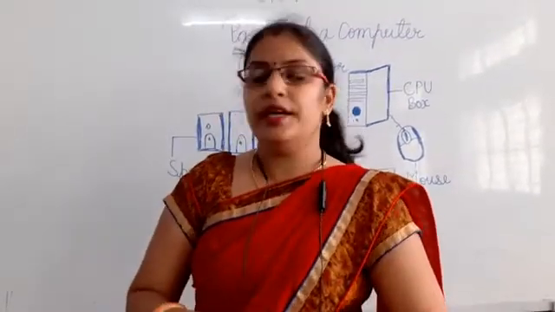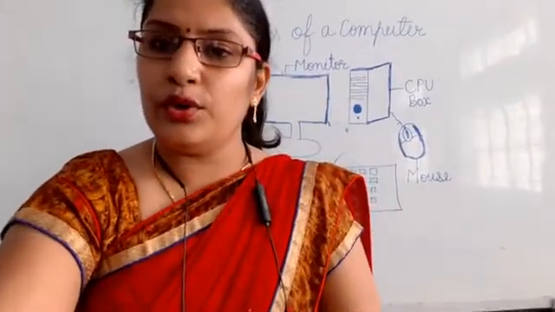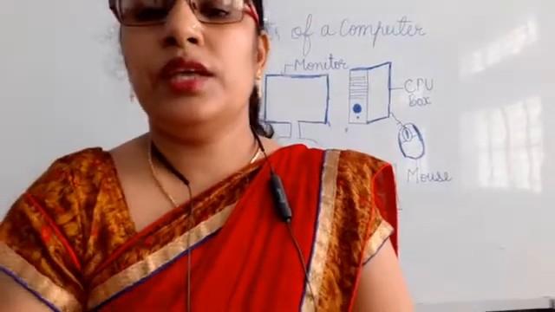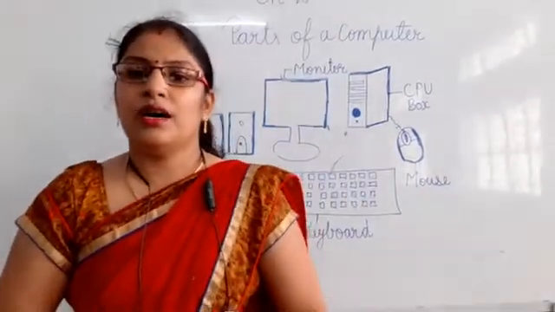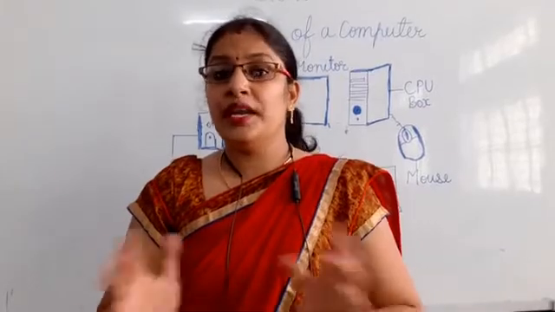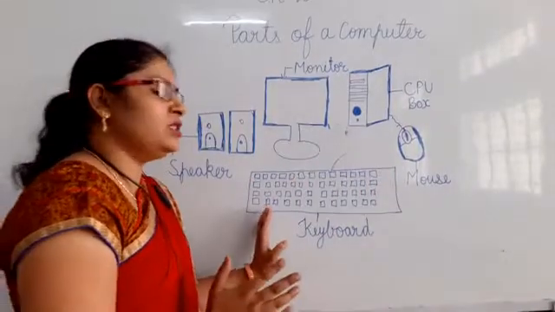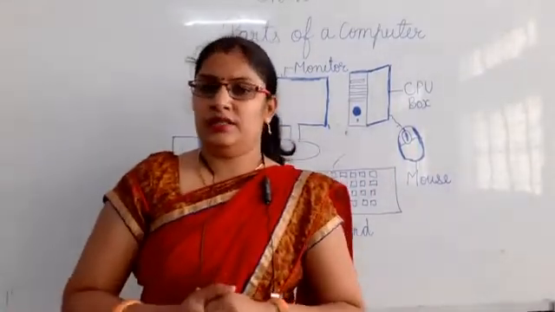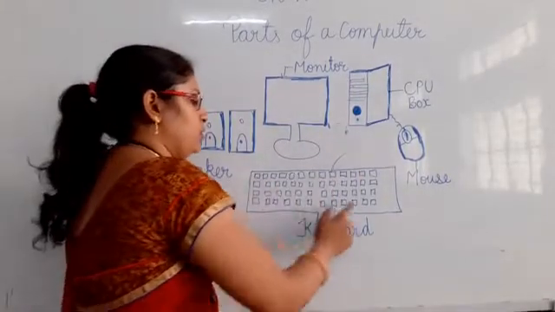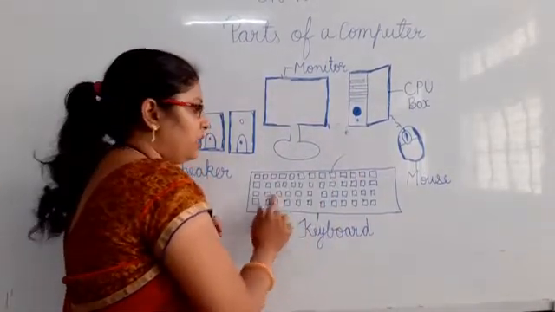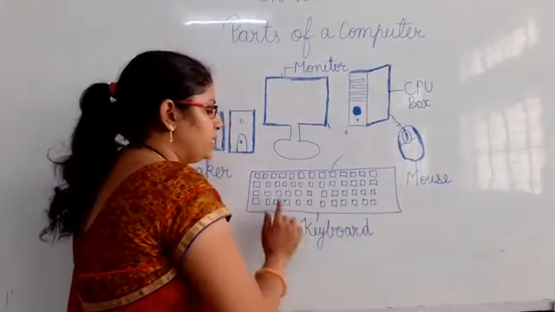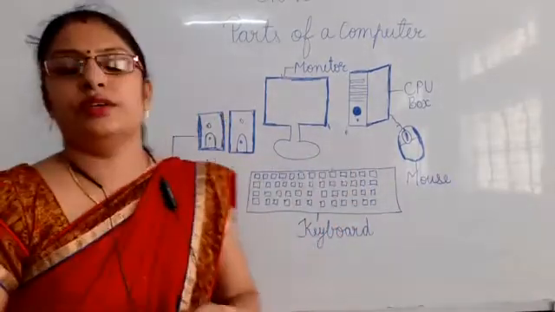Then come to the next part, keyboard. A keyboard has many keys. Many keys means there are many buttons. This is a keyboard. There are many buttons on the keyboard.